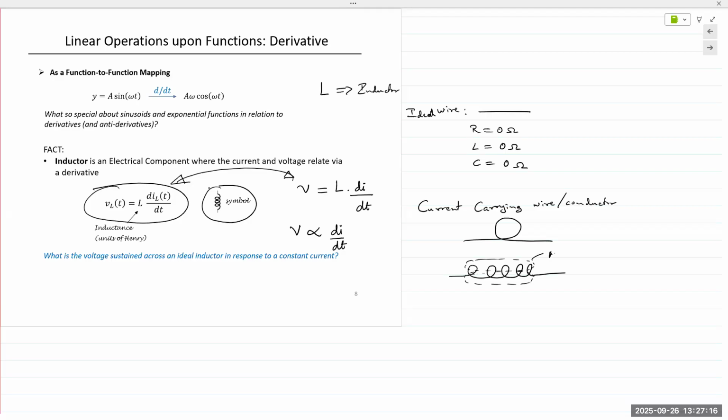So that's the magnetic field that is established. This magnetic field can store energy, and it can release energy upon need back into the circuit. And we call this an inductor.